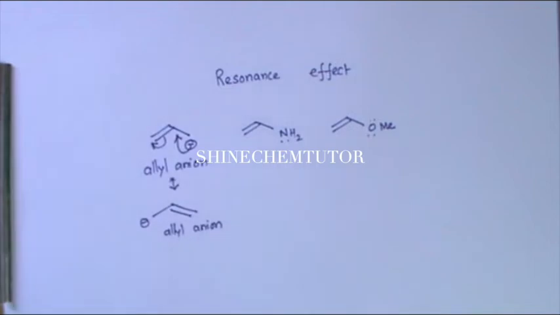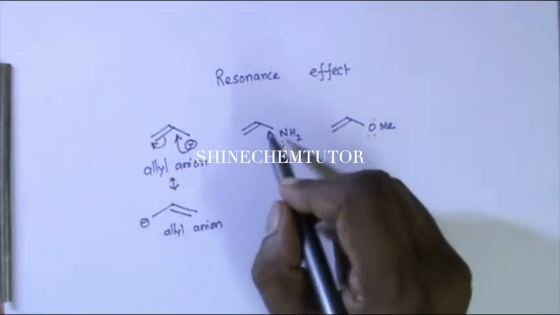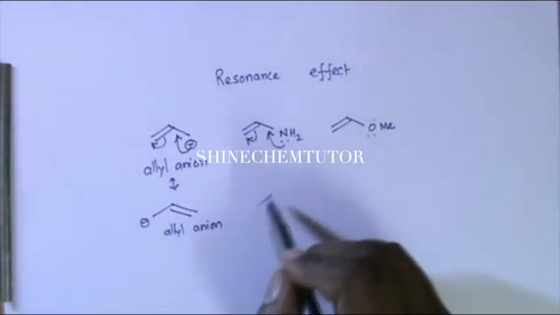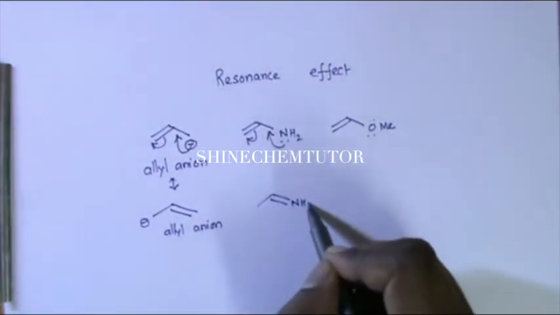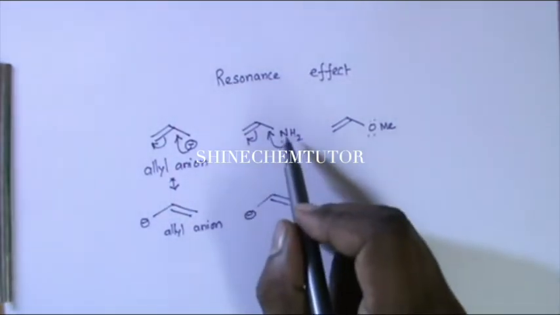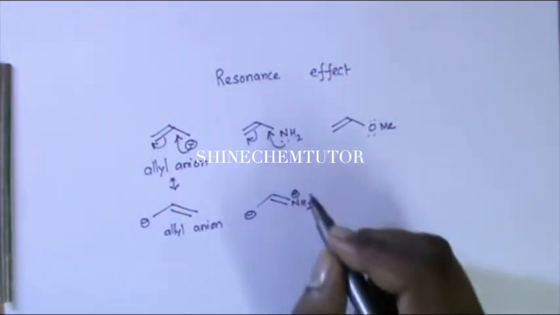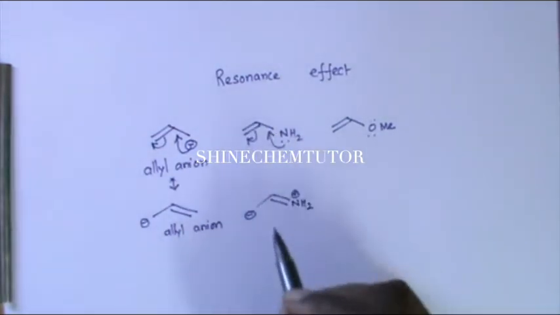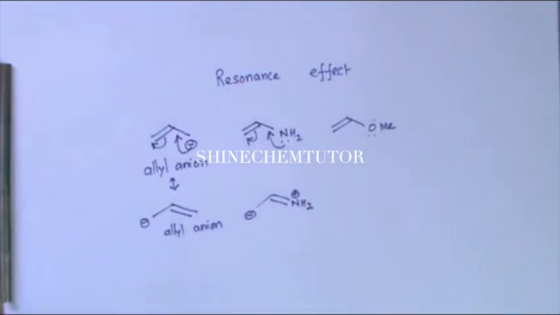Not only minus charge, even the lone pair of electrons can be involved in resonance. So what we get is minus charge here. Since the nitrogen has lost its lone pair, we get plus charge on nitrogen. Compared to this alkene, this minus charge is more nucleophilic.